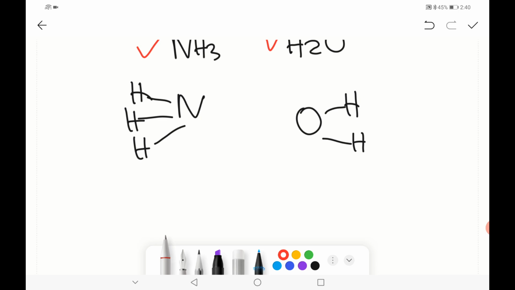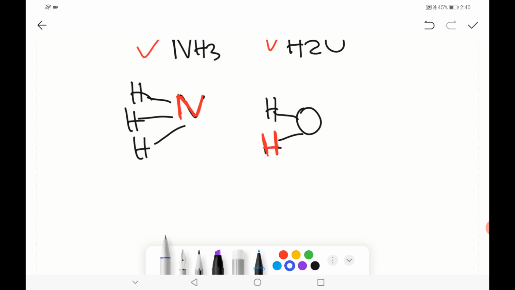So what happens is this. Let me change the diagram a bit and put the hydrogen over here. The nitrogen on the ammonia will form hydrogen bond with the H on the water.